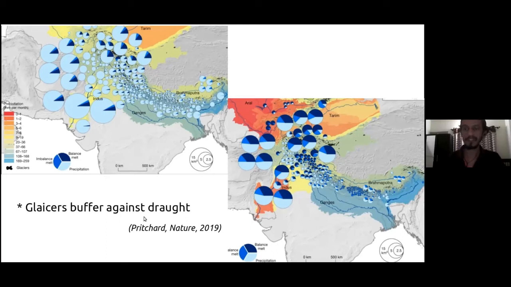So that's another very important role that glaciers are playing. And as glaciers shrink, this effect is going to of course go away. So that's how the glaciers are going to impact the variability and extremes of runoff in Himalayan rivers. Okay.